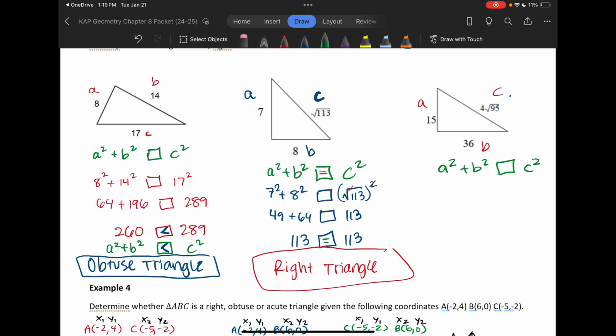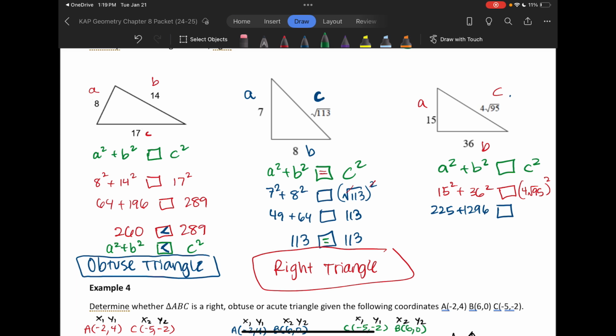Plugging these values in, we're looking at 15 squared plus 36 squared, and comparing that to whatever 4 times the square root of 95, squared, is. 15 squared is 225, 36 squared is 1296, and here's where you want to be careful.